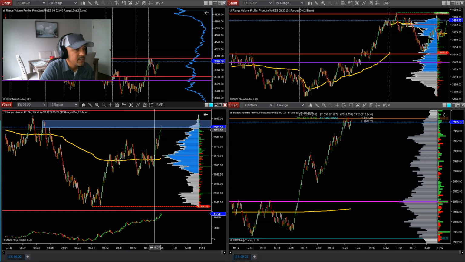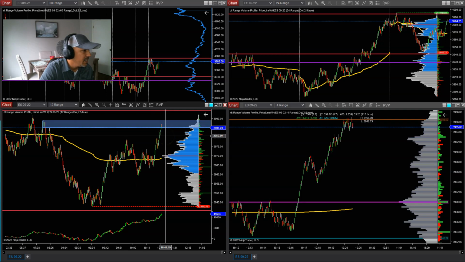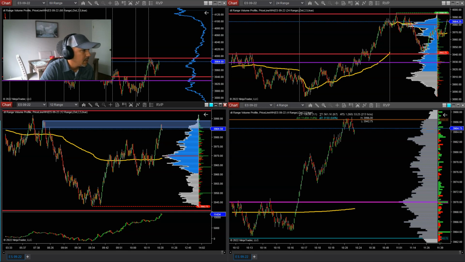So let's see if we get some rejection right here. Let's see if we get rejection, price breaks lower, maybe get a break of a candle to the downside, and possibly take the trade back to the downside. So let's see. I'm not sure. Sometimes I get aggressive and I take my entries aggressively.